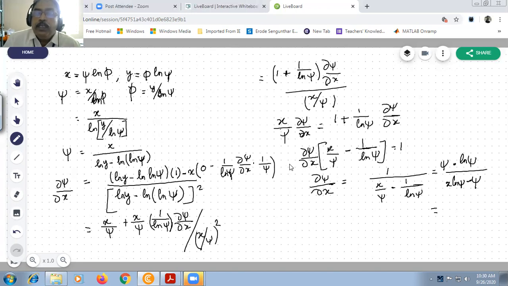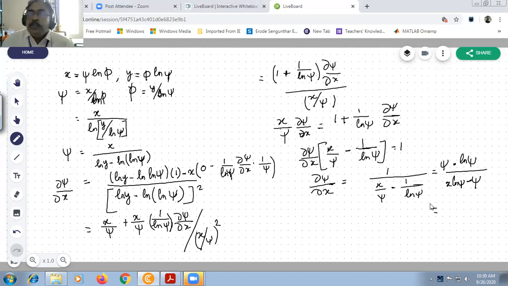Okay, x by psi, x ln psi minus psi ln psi.